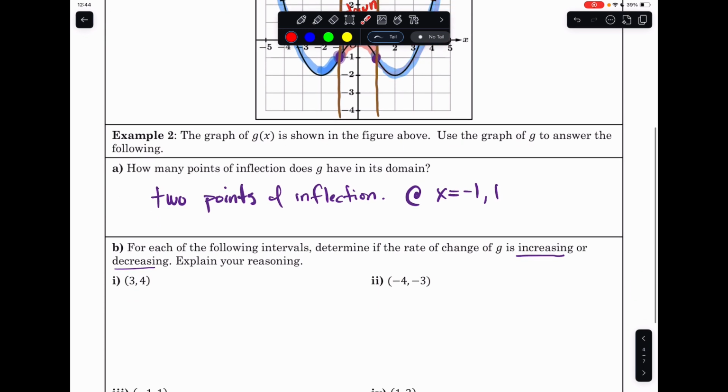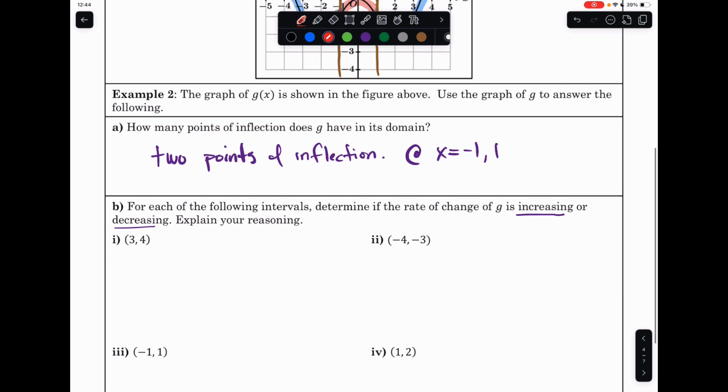So since it's concaving up, that means on the interval from 3 to 4, our rate of change is increasing. And what's the reason for that? Because, what's the name of this function? G concaves up.